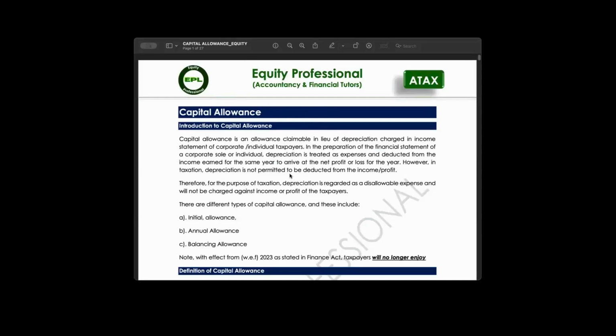Therefore, we say depreciation is not an allowable deduction. Now, I also told you that depreciation could mean you are setting aside a certain amount of money against future replacement of the assets. So that is what depreciation actually does. When you acquire an asset today, most companies usually have a 4 years timeline to write off the assets.